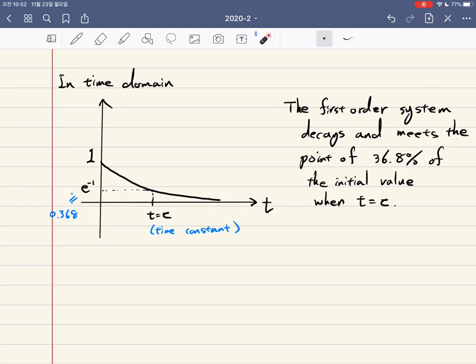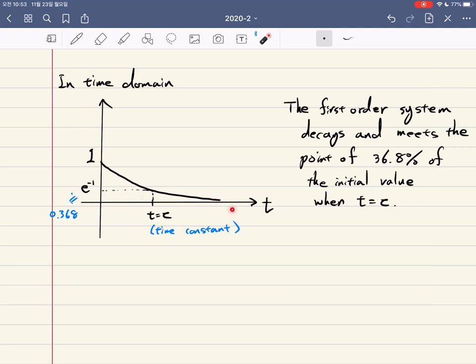And if some system is modeled as the first order system, and by asking you the time constant, then you will know the speed of that system. If time constant is small, that means the system decays faster, right?